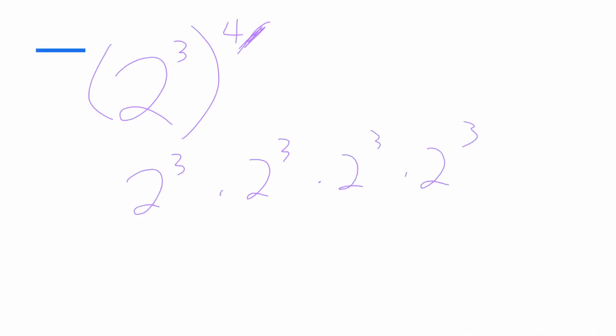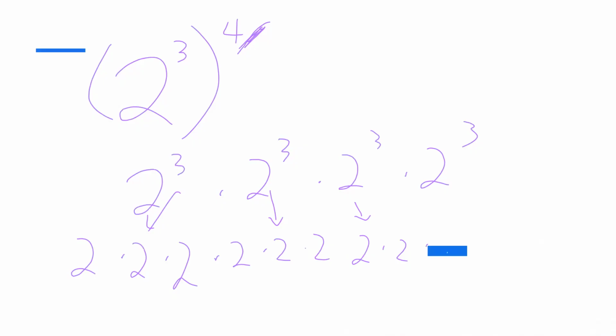And each one is 2 to the third power, which means you're doing 2 times 2 times 2, times 2 times 2 times 2, times 2 times 2 times 2, and then 2 times 2 times 2. And you would see that there will be 12 of them, 2 to the power 12. This is called the power rule.